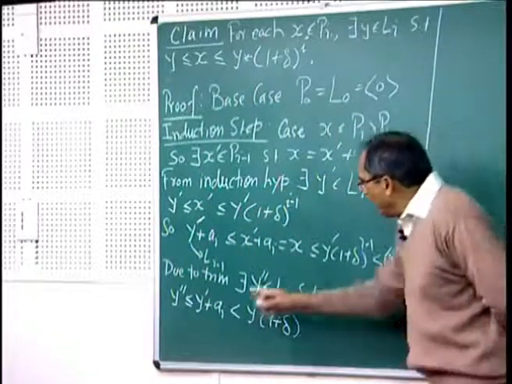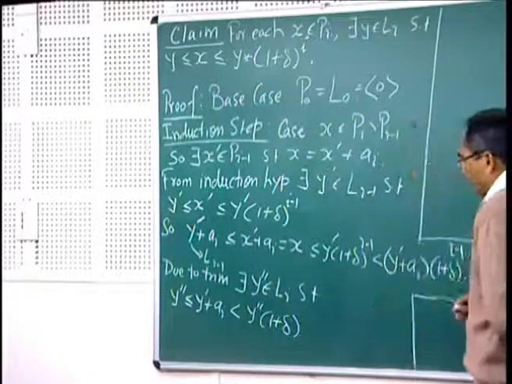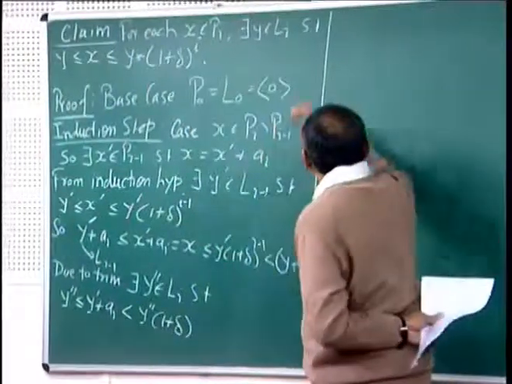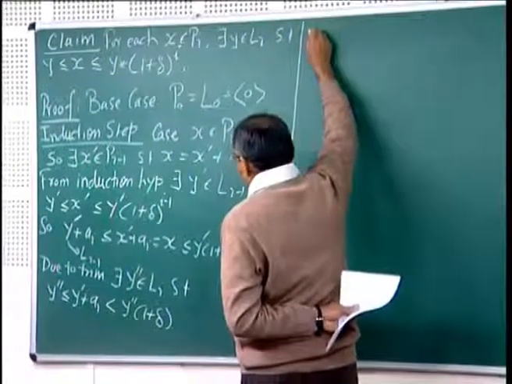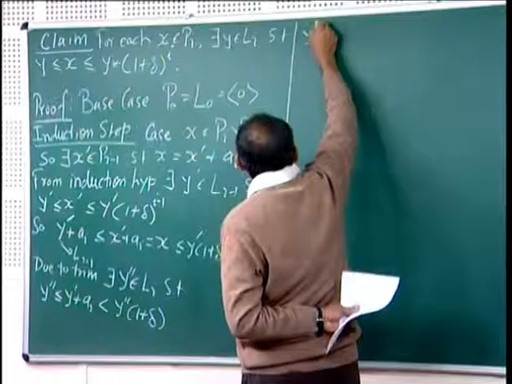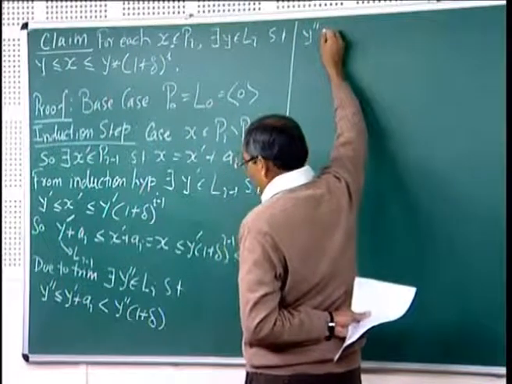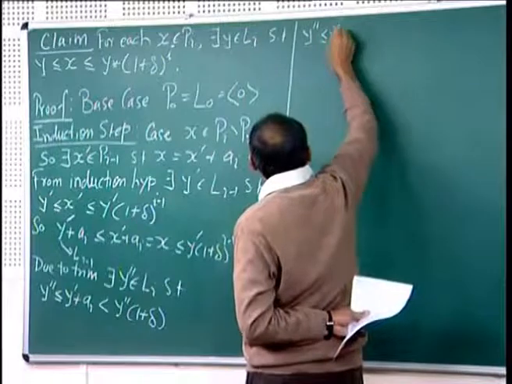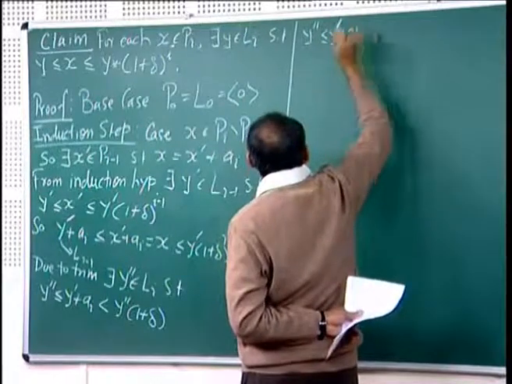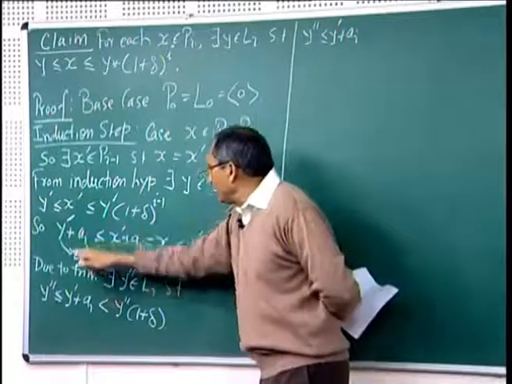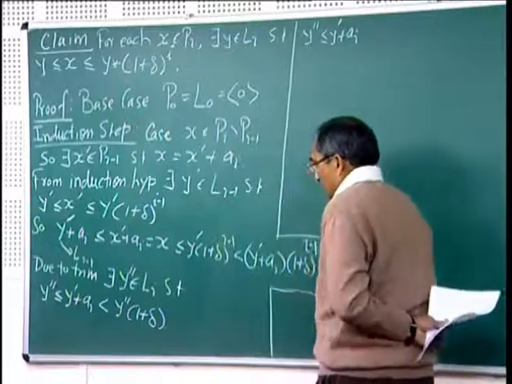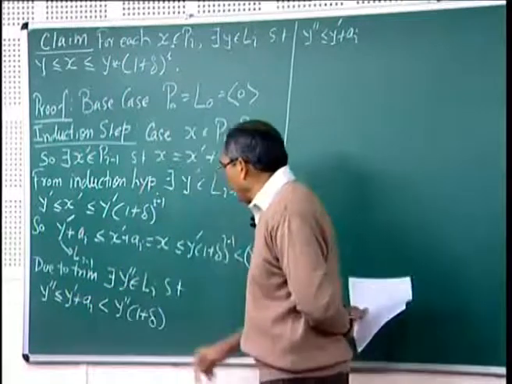So, let us relate y double prime with x. Using this inequality, I have y double prime which is less than or equal to y prime plus ai, this is the inequality that we have used.